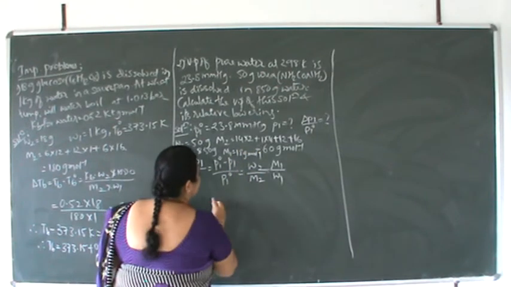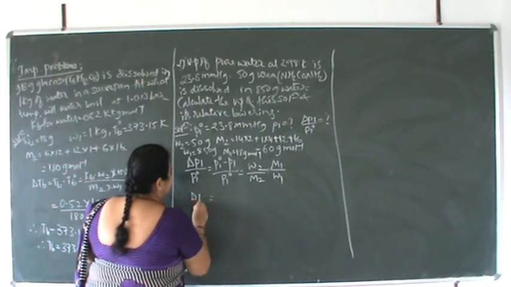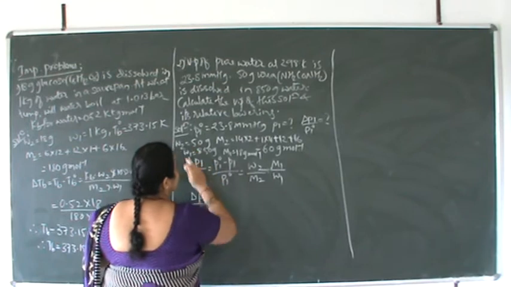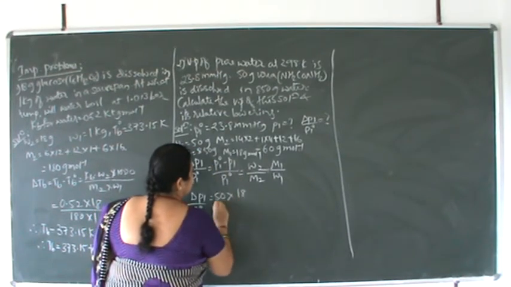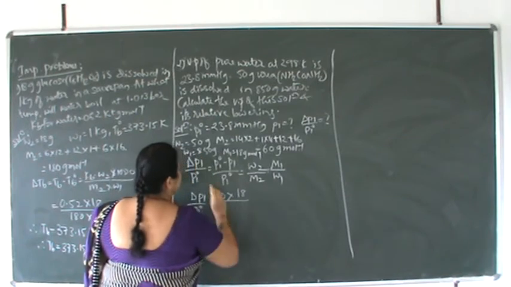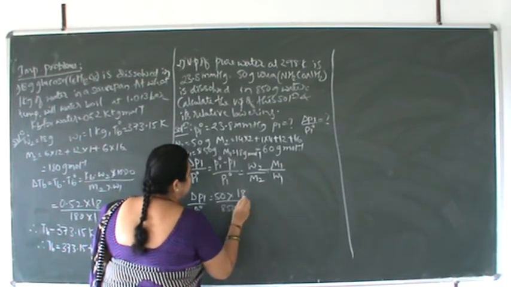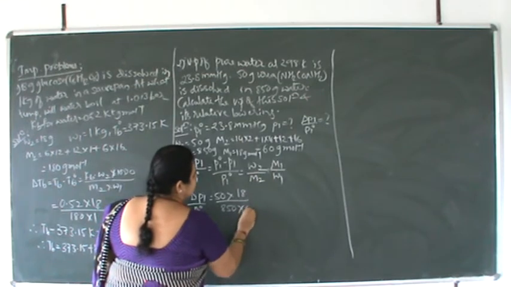Now substitute the values. Delta P1 divided by P1 naught is equal to W2 is 50 grams into M1 is 18 divided by W1 is 850 into M2 is 60.